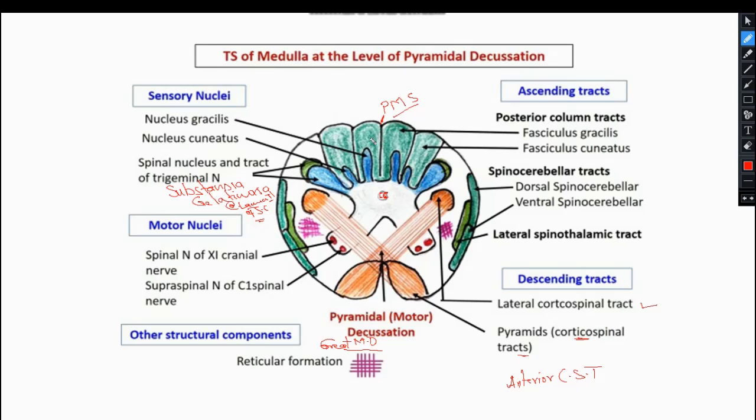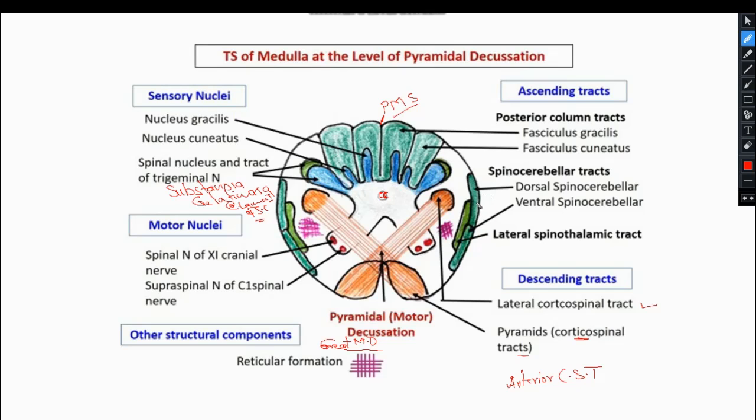The nucleus gracilis and cuneatus have axons known as fasciculus gracilis and fasciculus cuneatus, and they form the posterior column. This is the posterior column, whereas this is the lateral column.